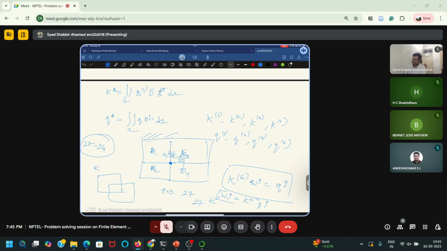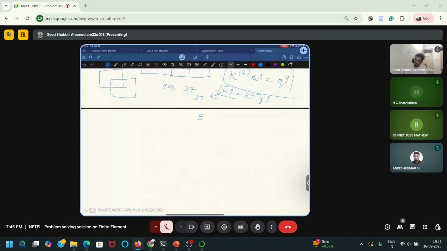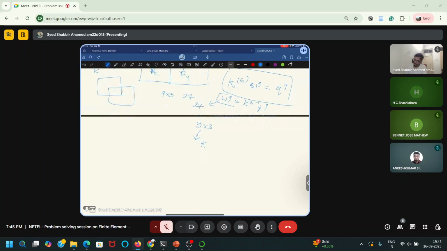Finally I have to solve a 3 cross 3 system. So by doing the static condensation, I hope you know static condensation. Whatever the terms in WG, it is nothing but W1, W2 up to, let's say, W12.